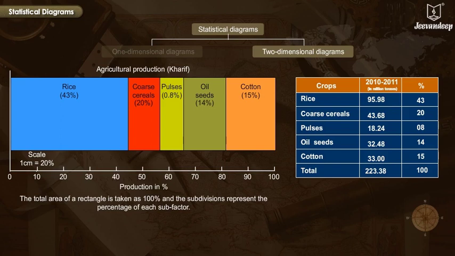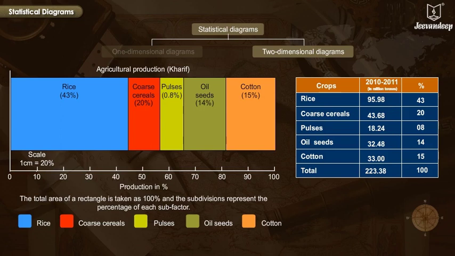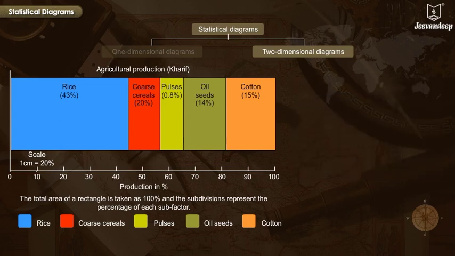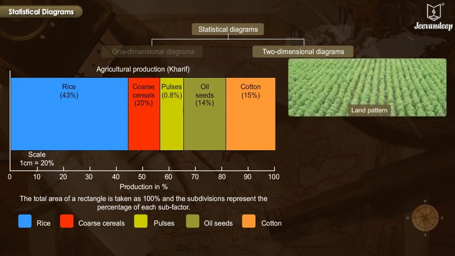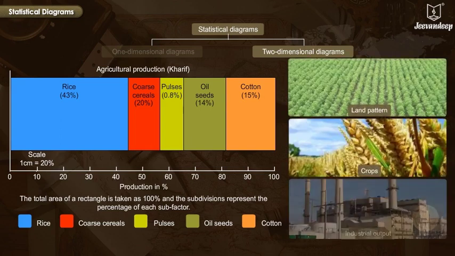Each subunit depicted in the rectangle has a separate identity and hence each one is shaded separately. A legend is given to understand the diagram easily. This diagram is used for presenting land pattern, crops, industrial output, etc.